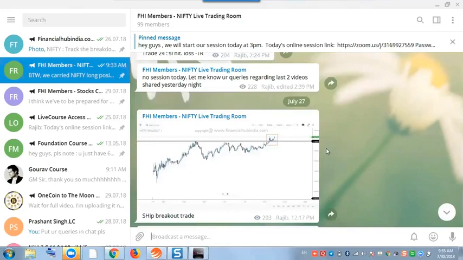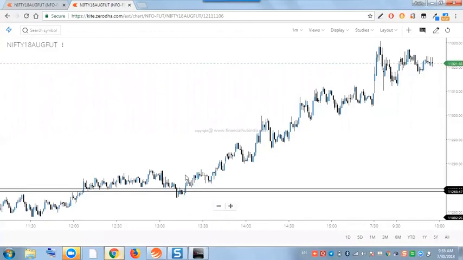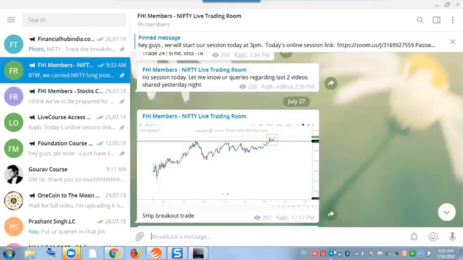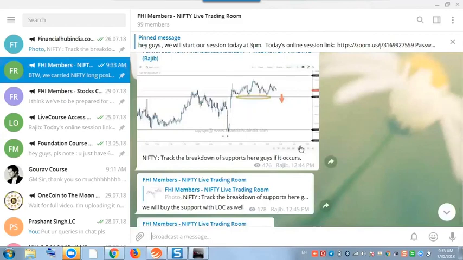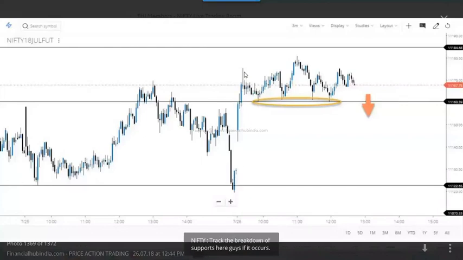Anyhow, now coming back to our topic here. Overall price goes up, and then price tries to break the previous high and fails to break it, then comes back down, taking support from here, and goes up again. Again it stopped at the previous higher high.